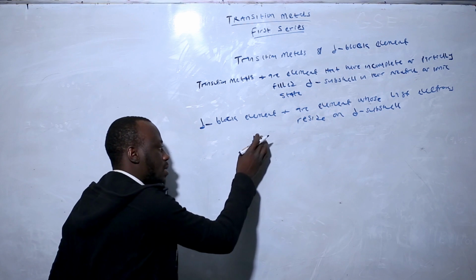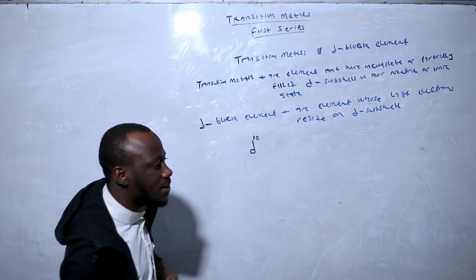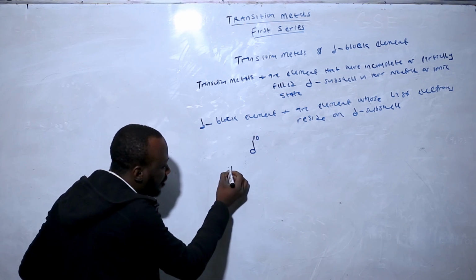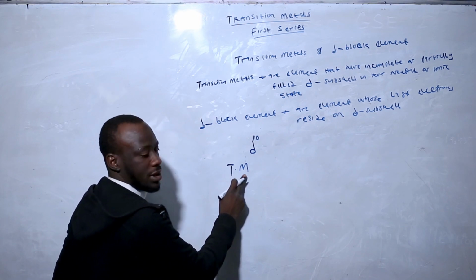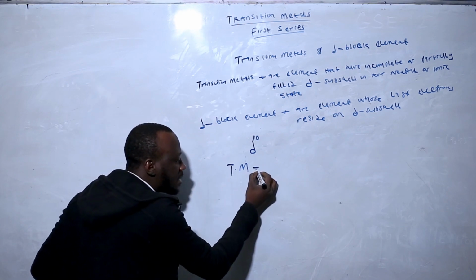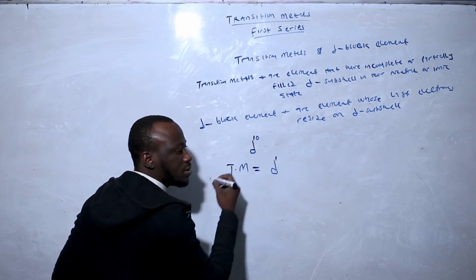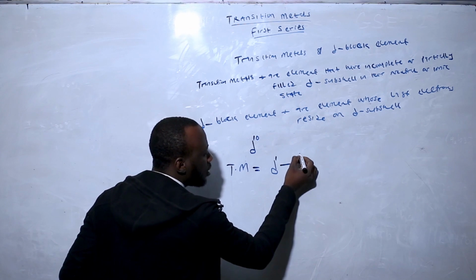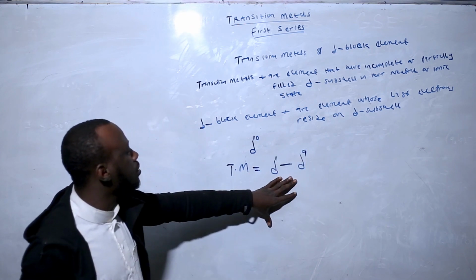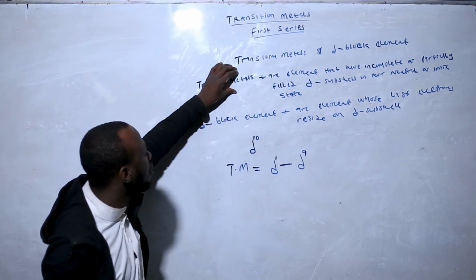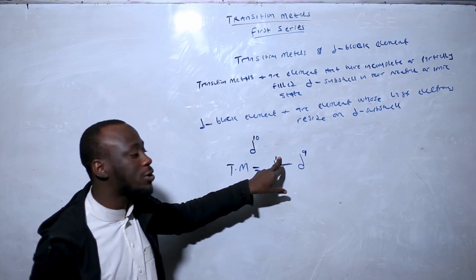So this means that a transition metal, I will use TM to indicate transition metals, will start from d orbital that contains 1 electron to d orbital that contains at least 9 electrons. The definition of transition metals falls in this range, those that have 1 electron up to 9 electrons.